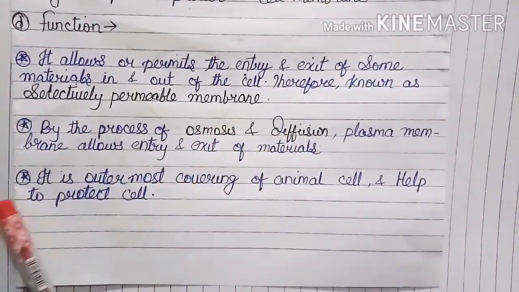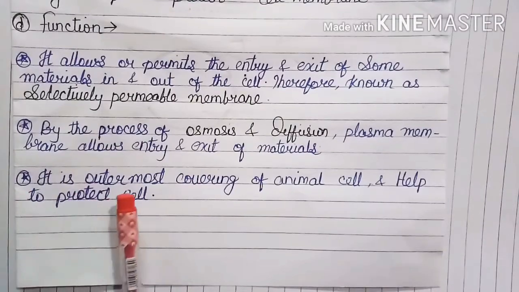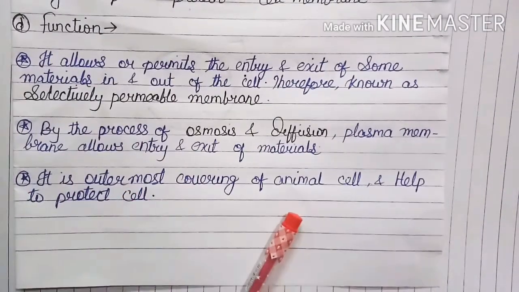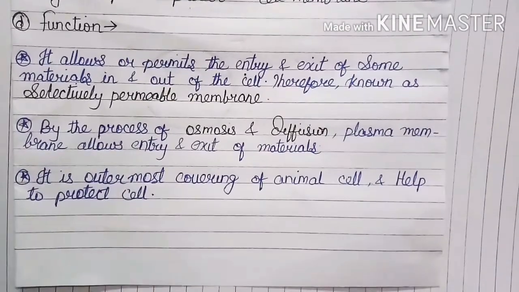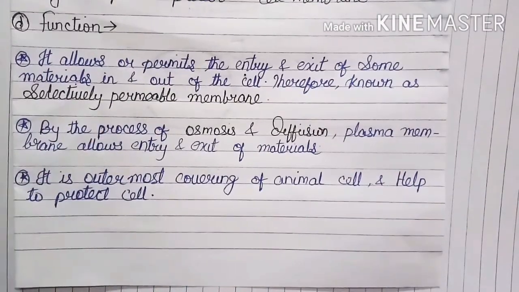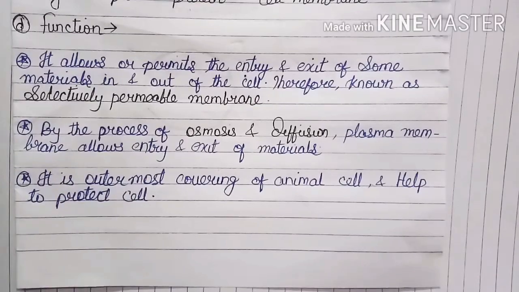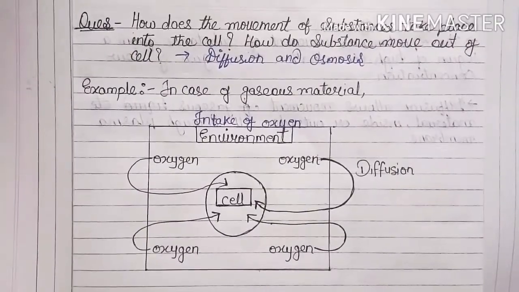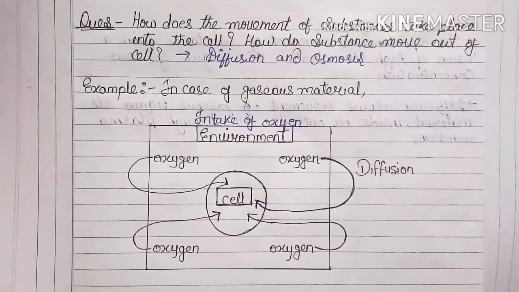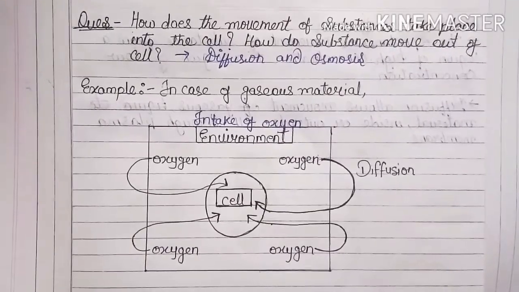Now the last function is that it is the outermost covering of the animal cell and it helps to protect the cell. So the main function of the plasma membrane is to protect the cell. We know that with the help of the plasma membrane, the materials move inside and outside the cell.